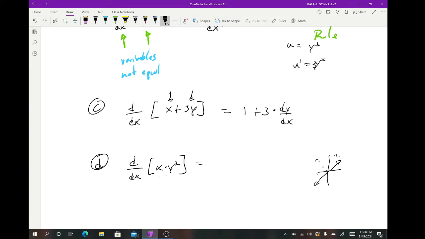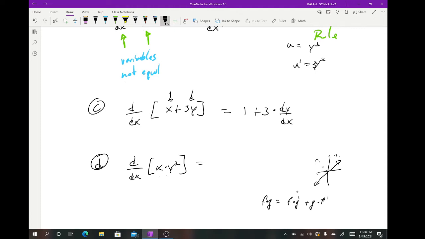Obviously, there's a difference in the axis. But anyway, it's two different functions that you're multiplying together, so we have to use the product rule. Remember, the product rule says that for f times g, the derivative is the first times the derivative of the second, plus the second times the derivative of the first.